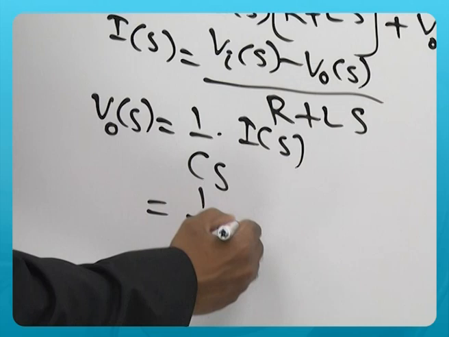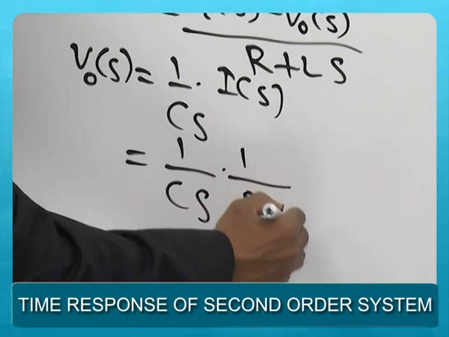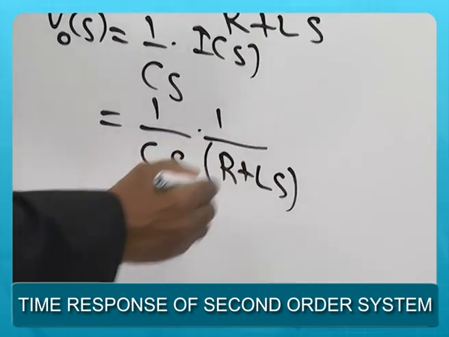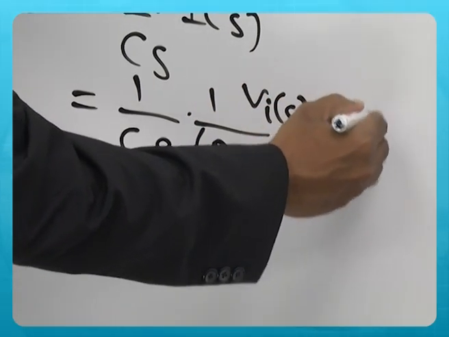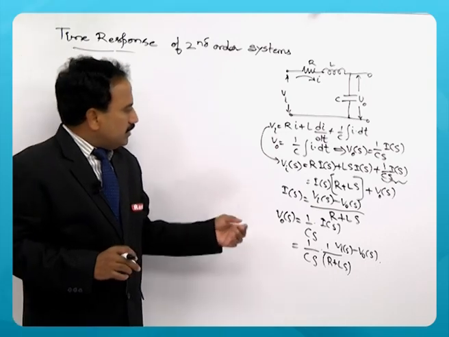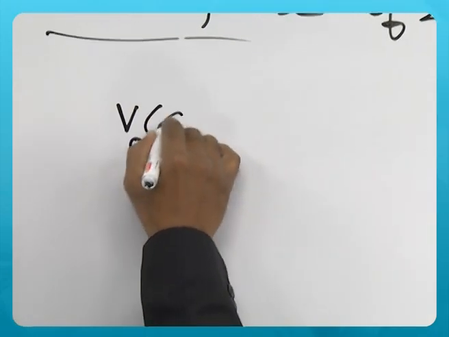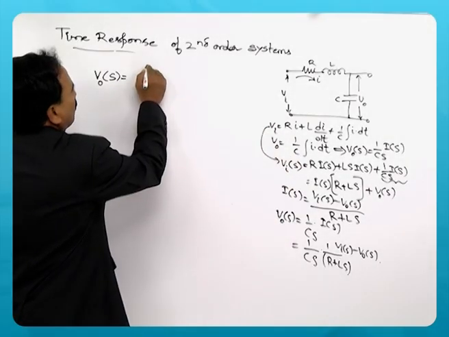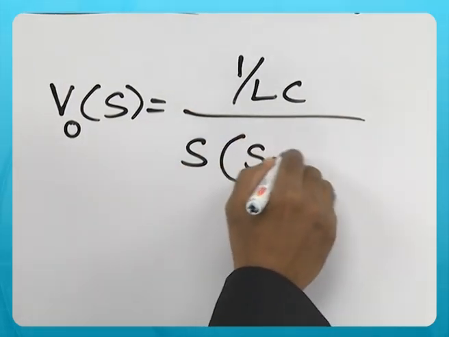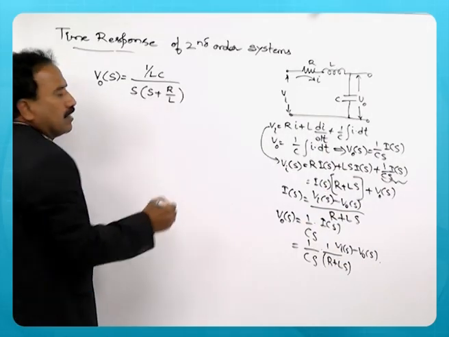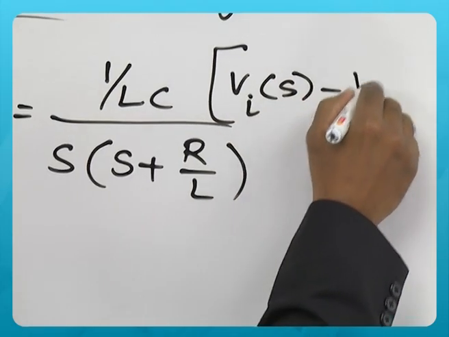So, this becomes 1 by Cs into 1 by R plus Ls into Vi of S minus V0 of S. I am interested in output voltage V0 of S. It is 1 by LC by S into S plus R by L into Vi of S minus V0 of S.